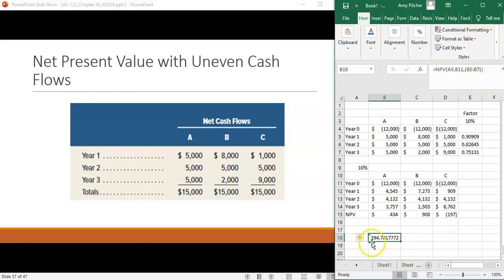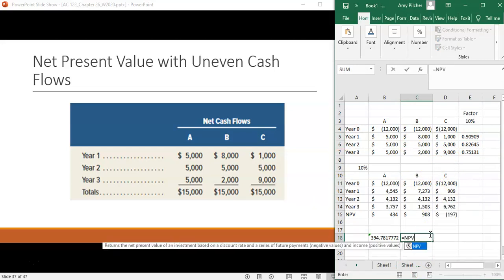It's going to give you a slightly different number because it's calculating much farther out than just the couple of numbers that we went on our factor. But you can calculate the net present value.